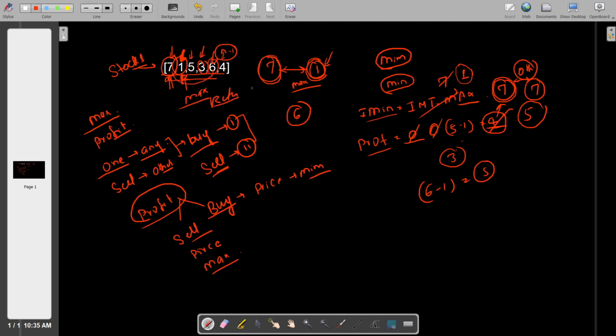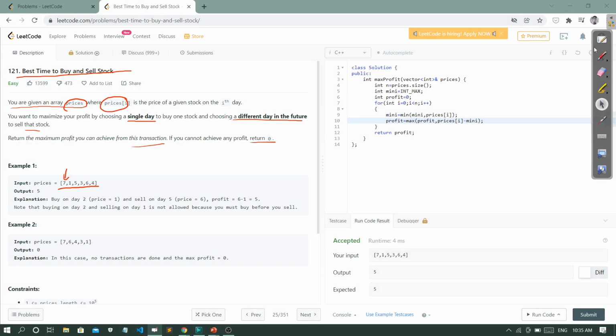Okay, and in the question it is also given that if I am not able to achieve any profit, then return 0. Okay, so let's try to understand how to write the code. If I take this test case, this is a decreasing order array.